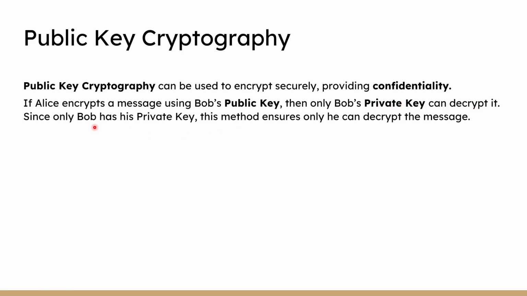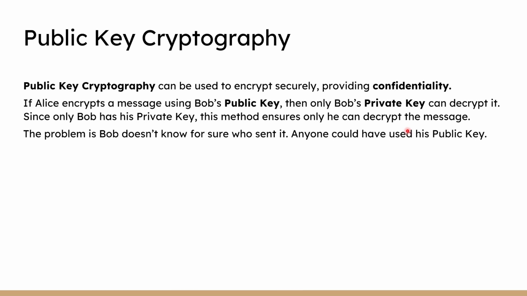And because only Bob has this key, only he can open the message and read it. The problem with just doing this is that anyone could have used Bob's public key to send something to him. So Bob doesn't know who the message is from. It could be from anyone.